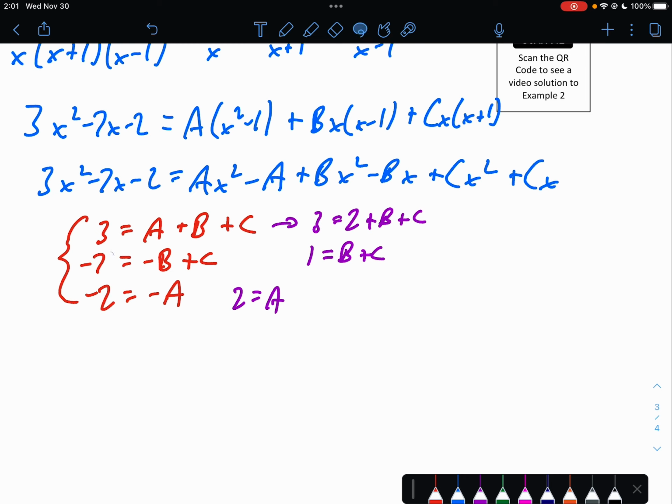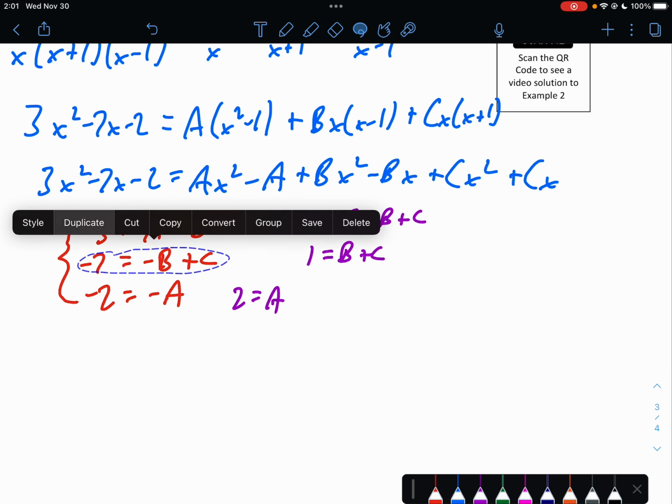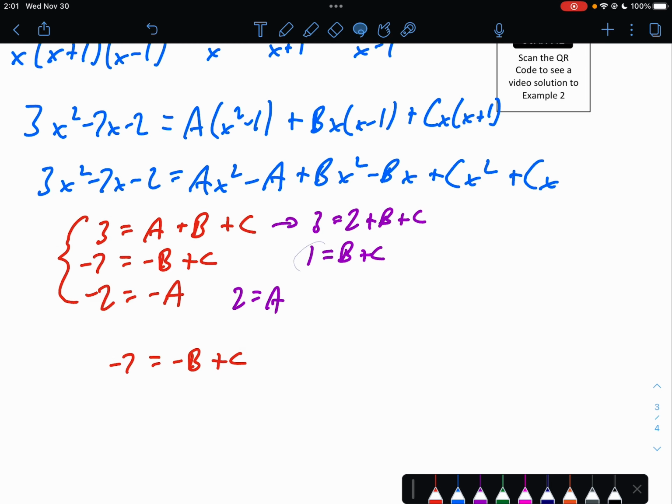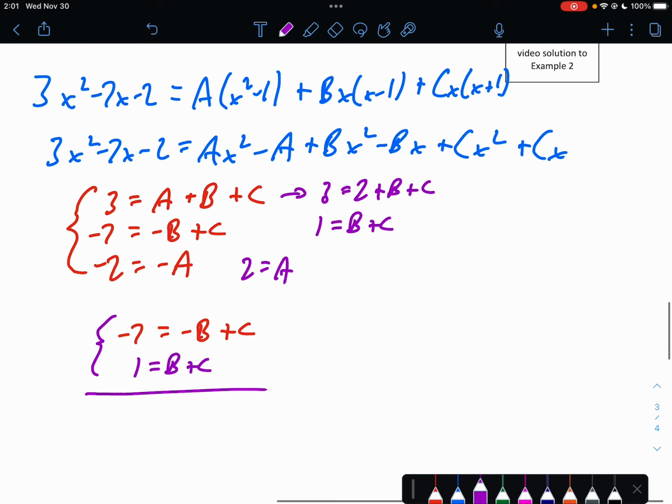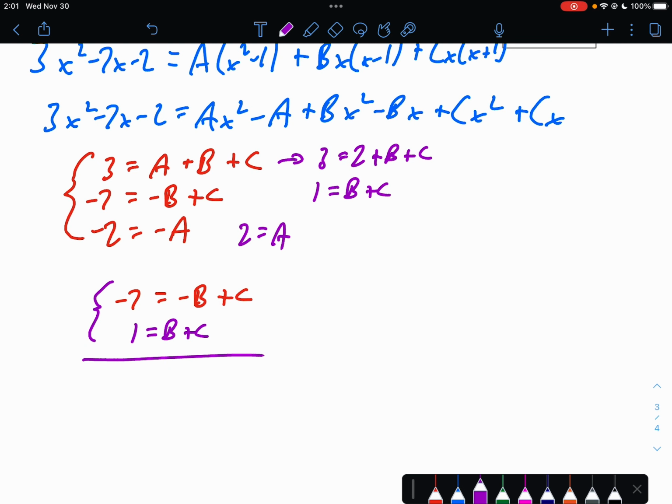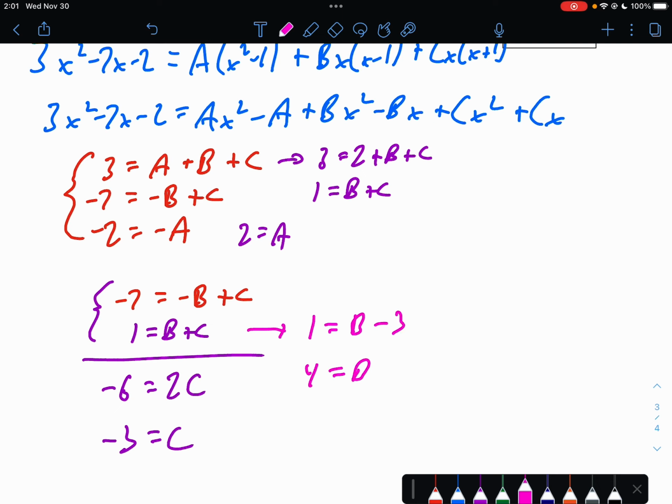And now I could take this and this and make a new system that I could solve by adding through. So I get negative 6 equals 2c, negative 3 equals c. And if I put that back into here, I would get 1 equals b minus 3, so 4 equals b.